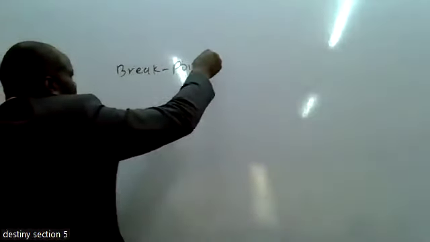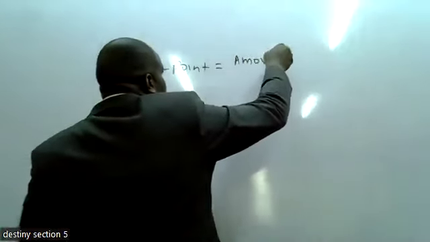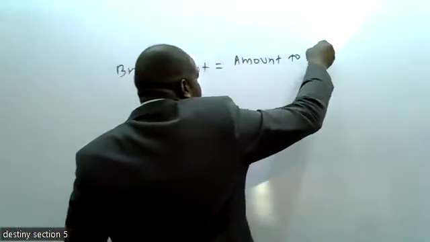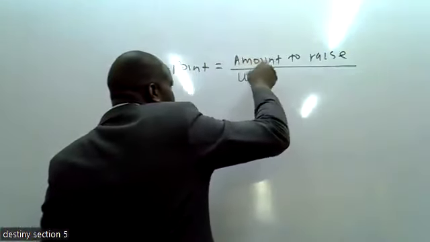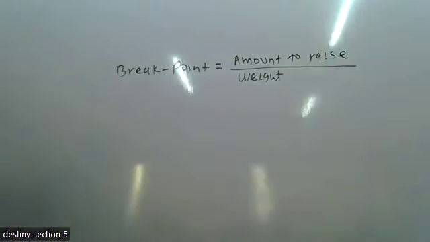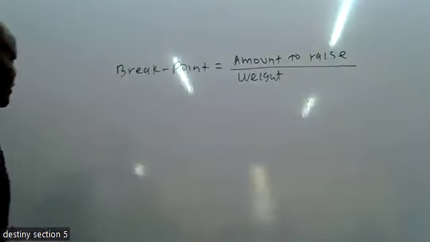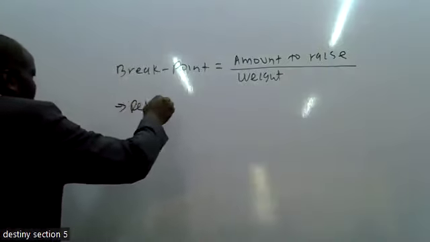The breakpoint is given by the amount to raise divided by the rate. The only item we have there is the retained earnings.